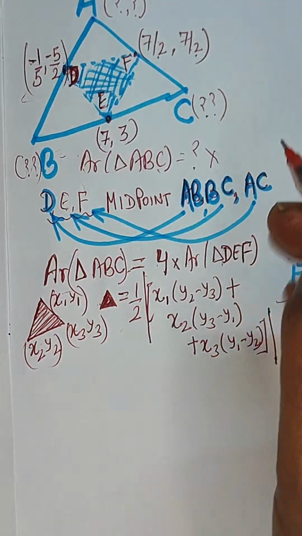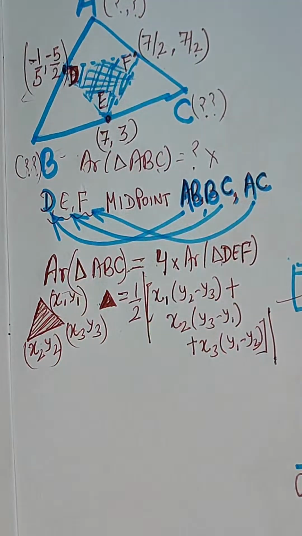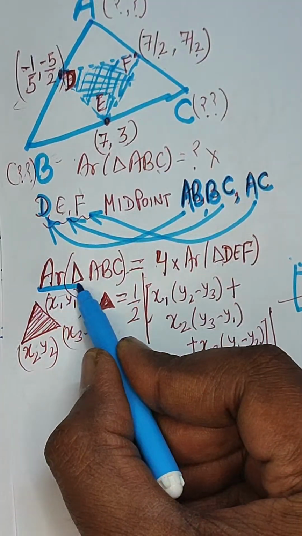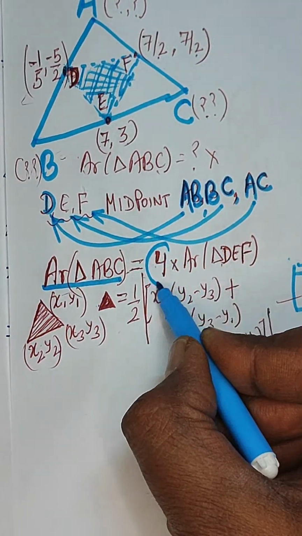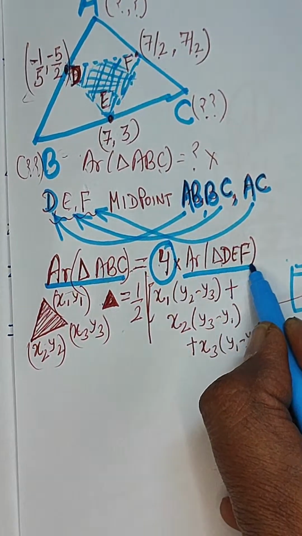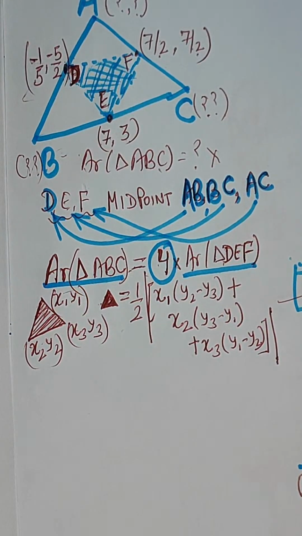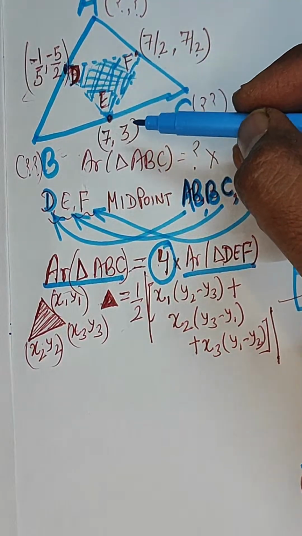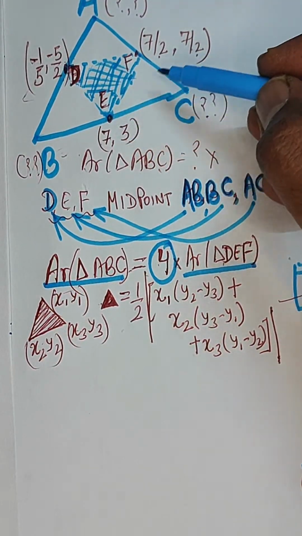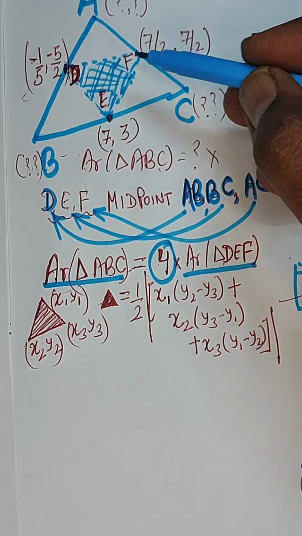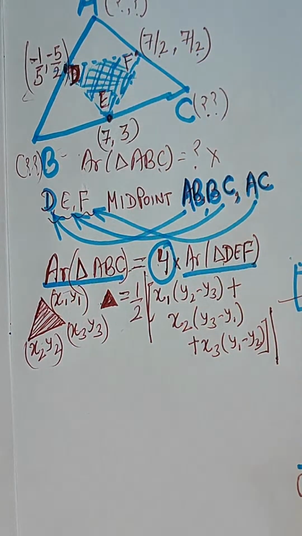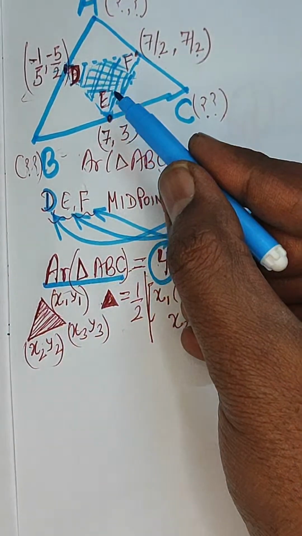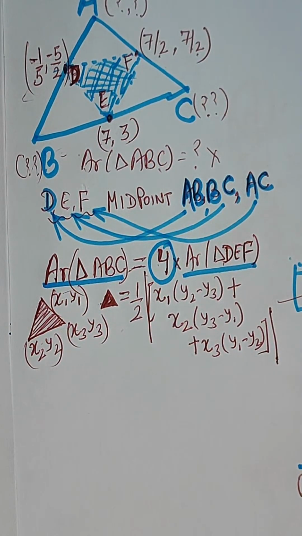So that's why we have the relation: area of the triangle ABC is equal to 4 times the area of the triangle DEF. And we know the coordinates of D, E and F. So using this formula, just calculate the area of the triangle which is formed in blue color, right?